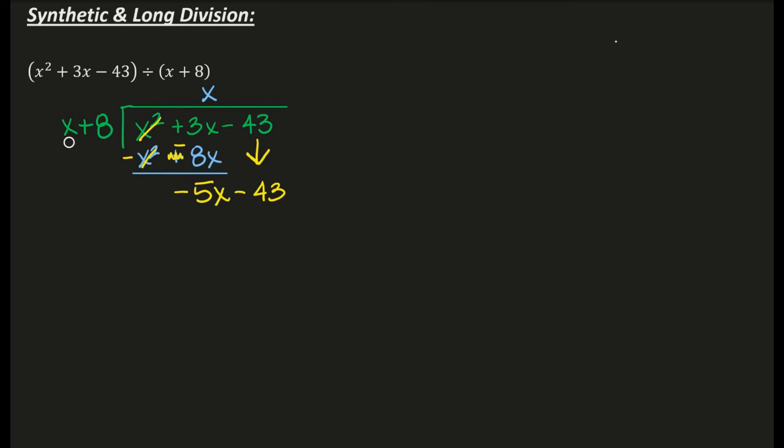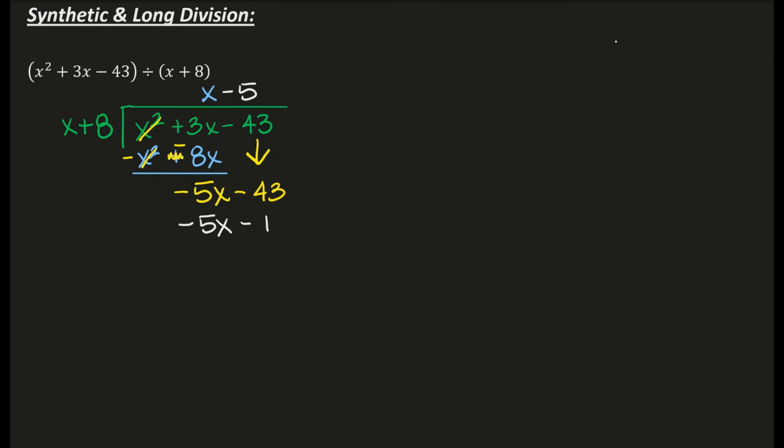Now I say, okay, here's x plus 8. What do I multiply x by in order to get negative 5x? Well, that would be negative 5. And now we multiply. What's x times negative 5? That's negative 5x. And what's positive 8 times negative 5?